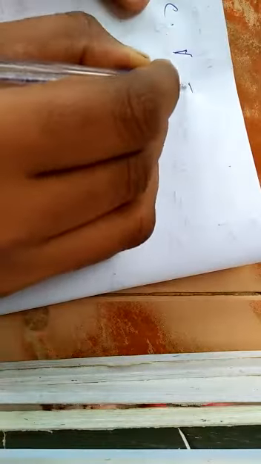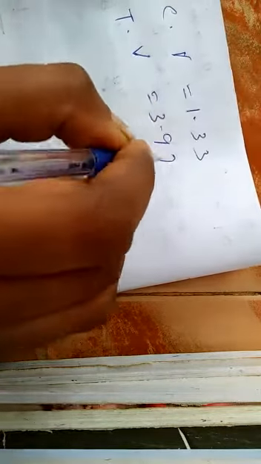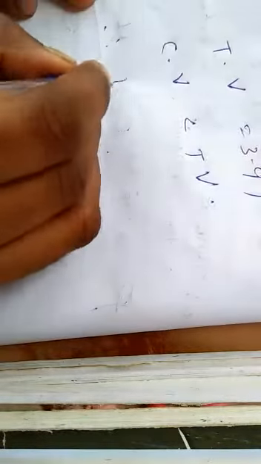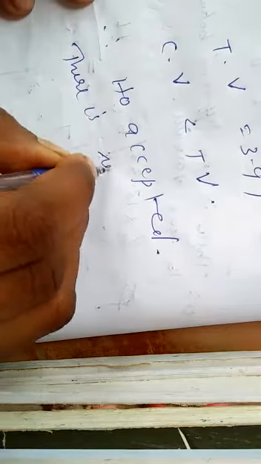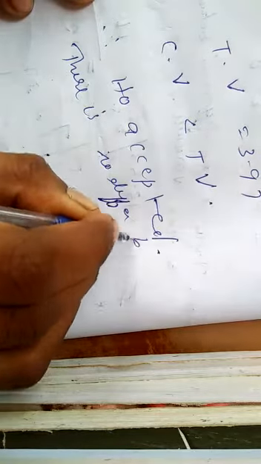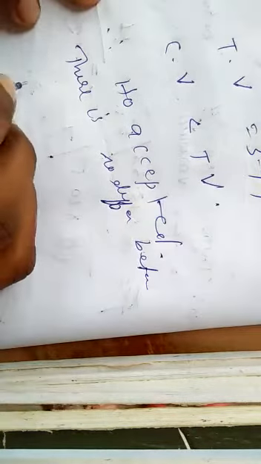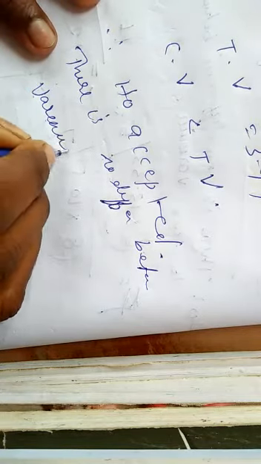So the calculated value 1.33 is less than the table value 3.97. Therefore, our H naught is accepted. What is the H naught? There is no difference between the variances.